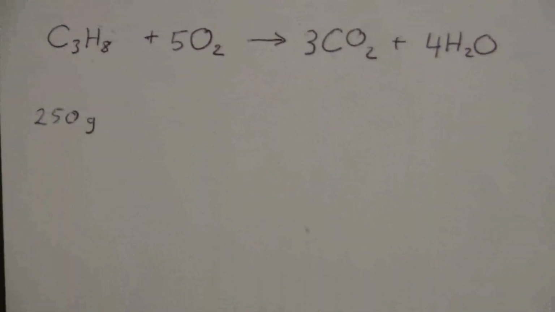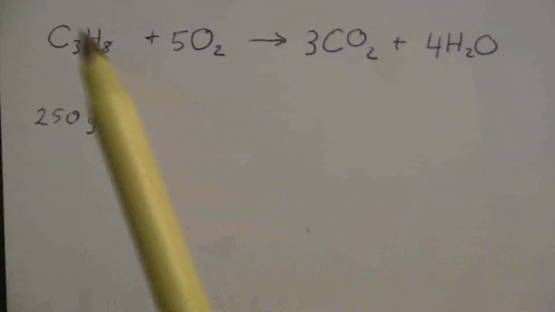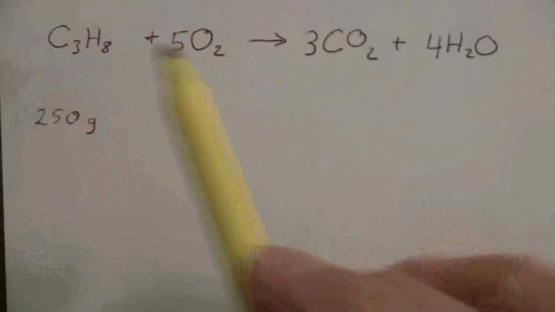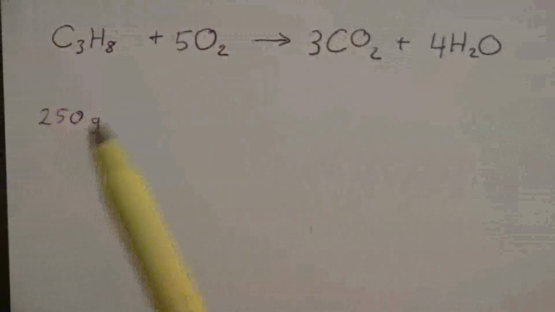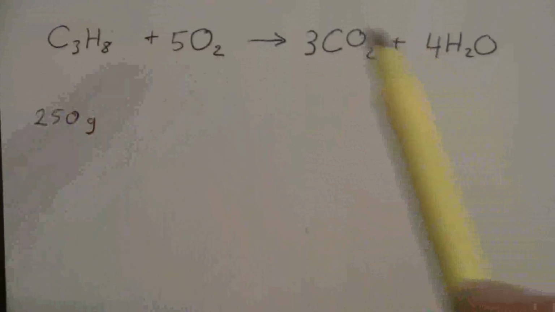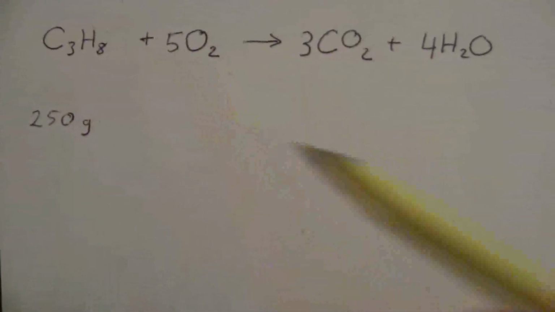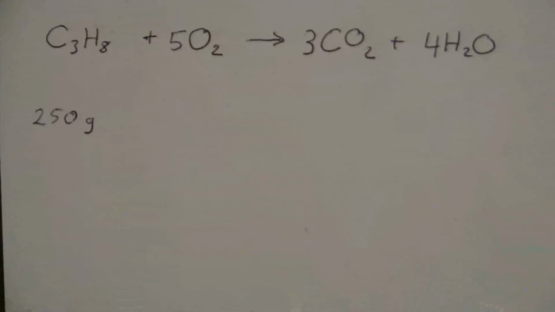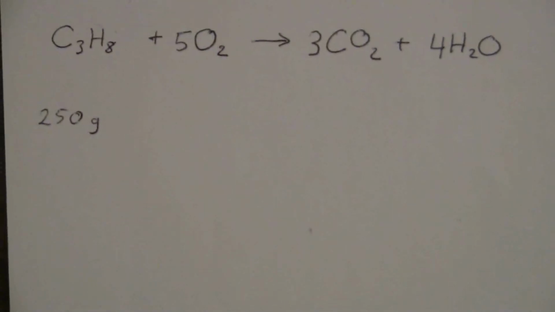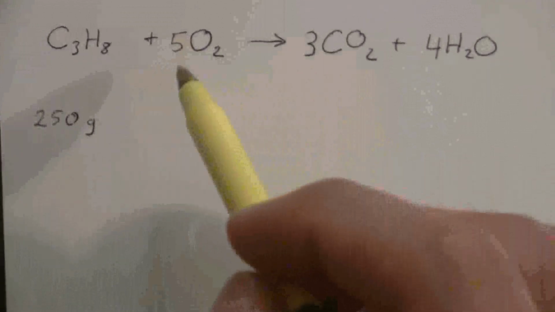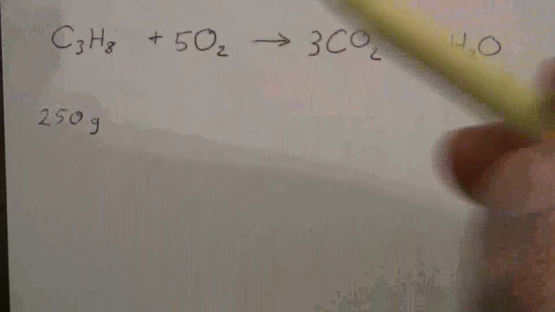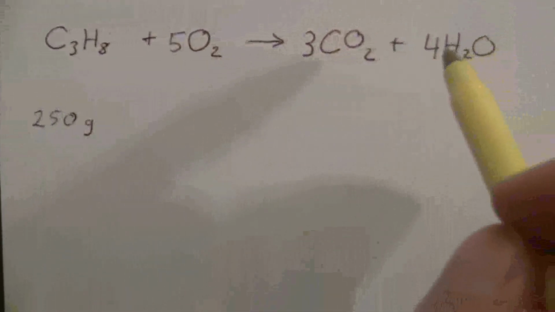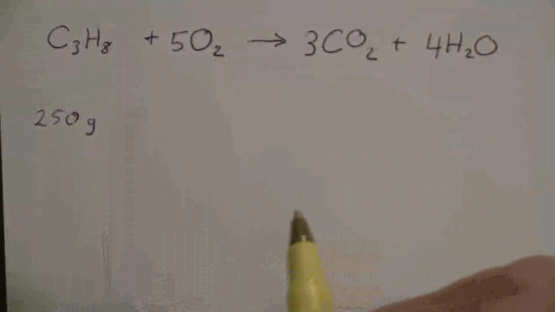All right, and that's the important thing to realize here, that these numbers, and this is of course an implied 1, represent molecules, or moles typically is the unit that we use with them. 5 moles of oxygen react with 1 mole of the propane to form 3 moles of carbon dioxide and 4 moles of water.